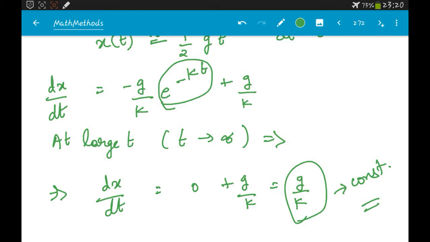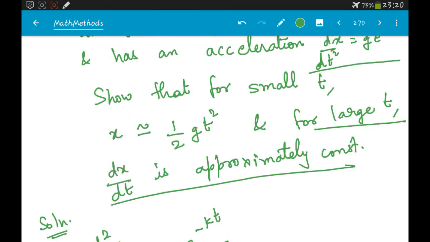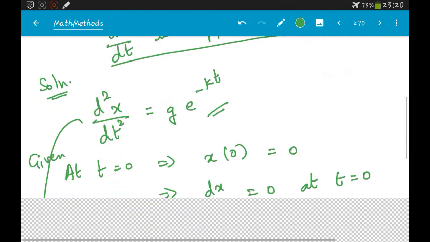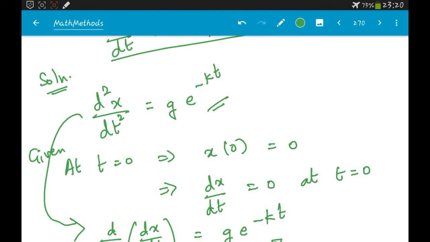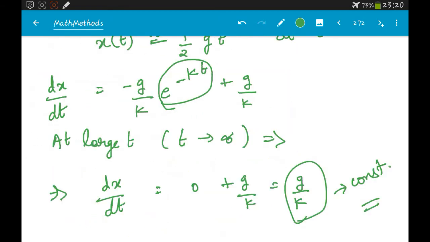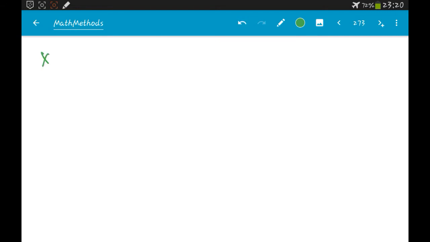Now if you have noticed this equation, we were able to solve it by simply taking this denominator dt to the other side and keeping all the x terms on the left hand side and all the t terms on the right hand side. Such equations are known as separable equations.